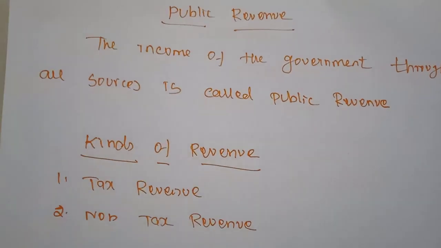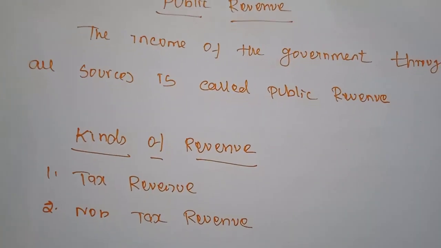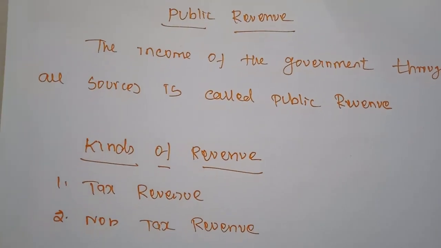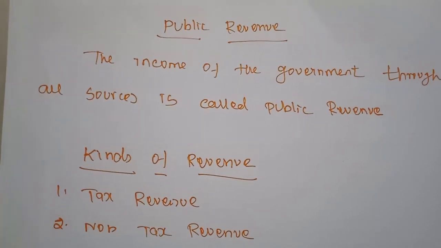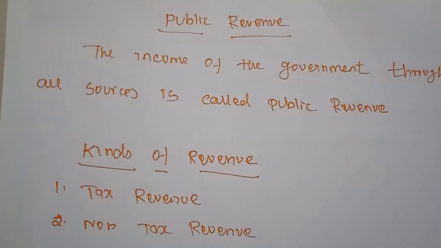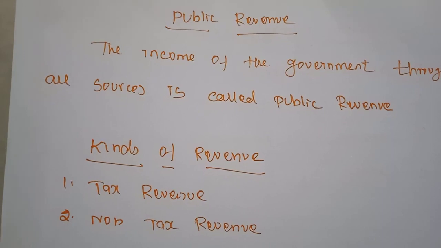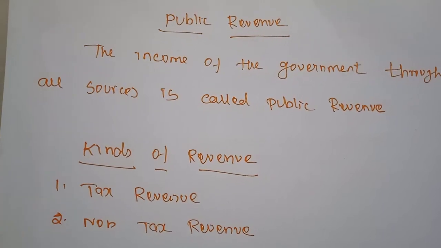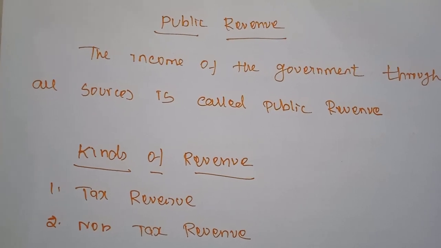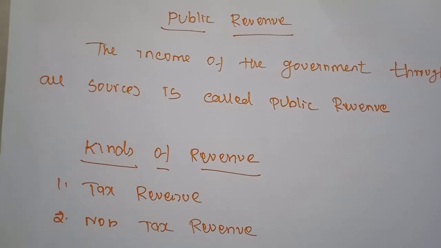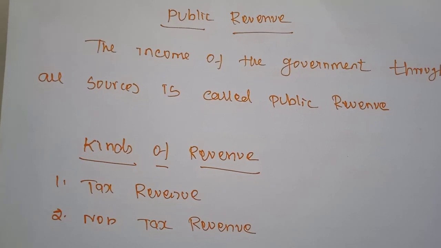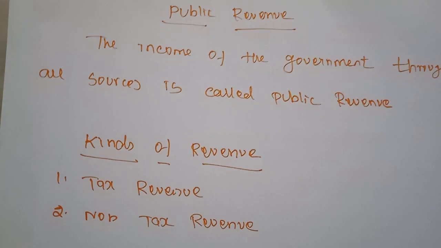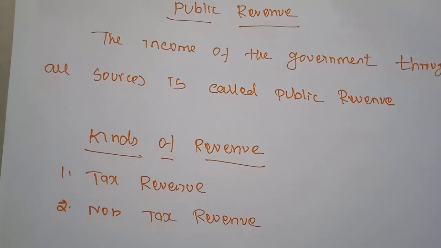According to Dalton, the term public income has two senses, a wide sense and a narrow sense. In the wider sense, public revenue includes all the incomes or receipts which a public authority may secure during any period of time. In its narrow sense, public revenue includes only those sources of income of the public authority which are ordinarily known as revenue resources.